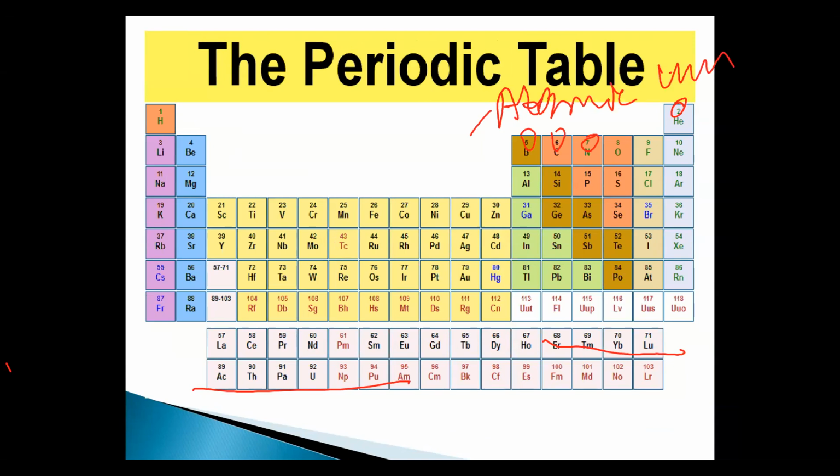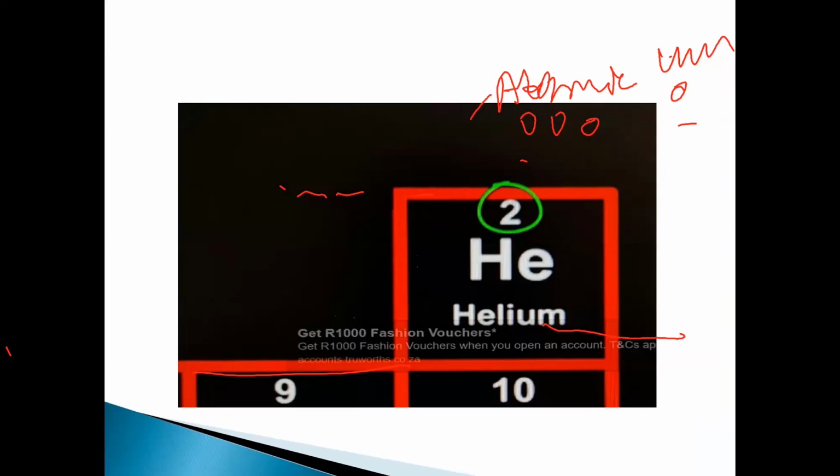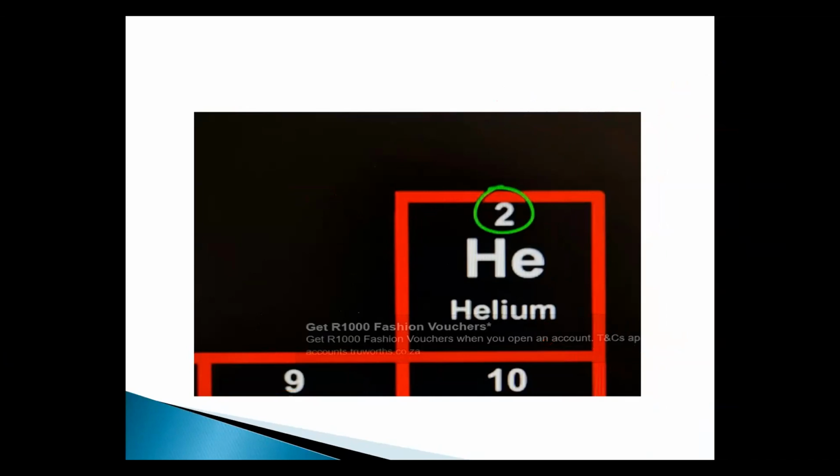Those 4, 3, 23, 24, 25, 26, 13, 10, that is what is called the atomic number, right? So here is an example that they are trying to show you here. They are saying, for example, helium, as you can see, there is 2 on top. That is the atomic number.